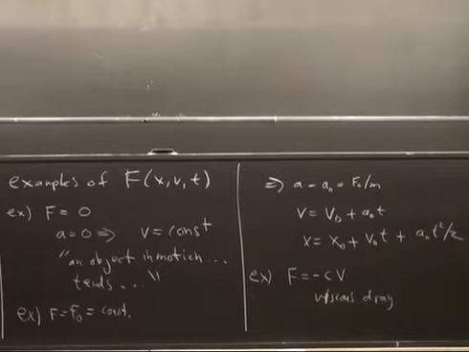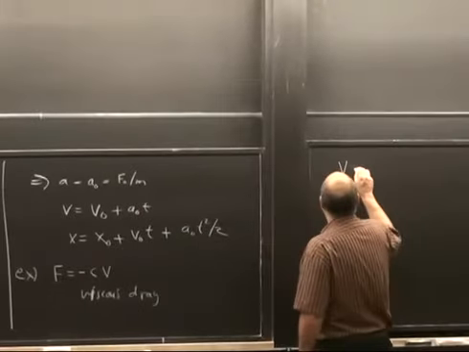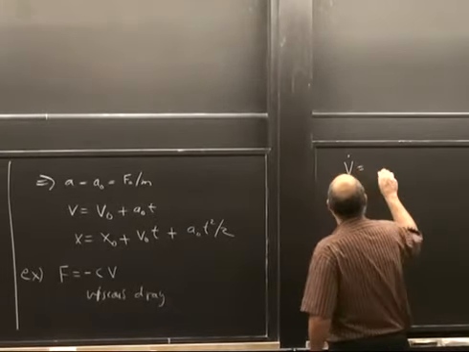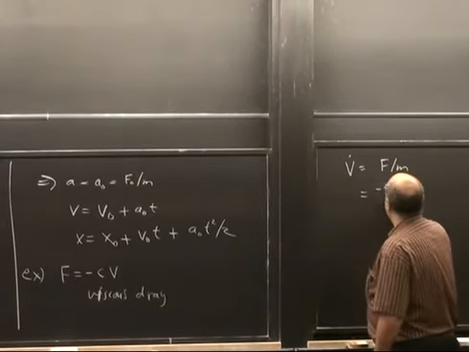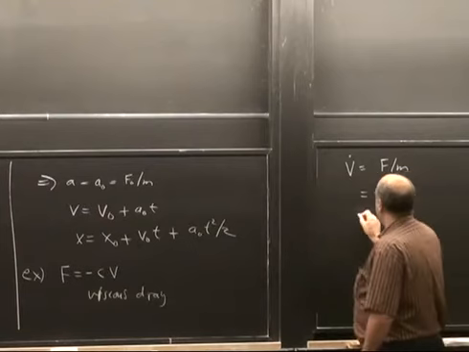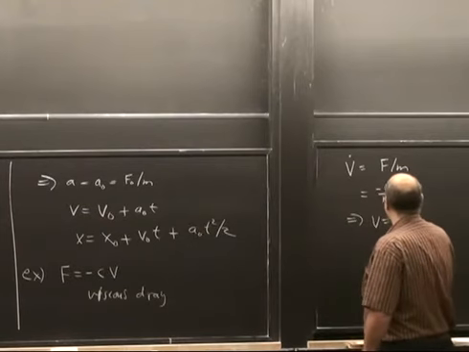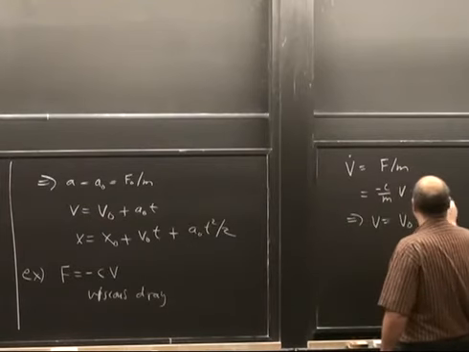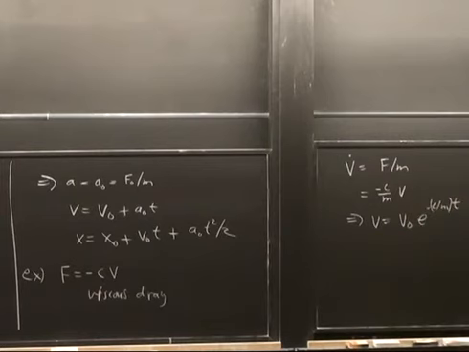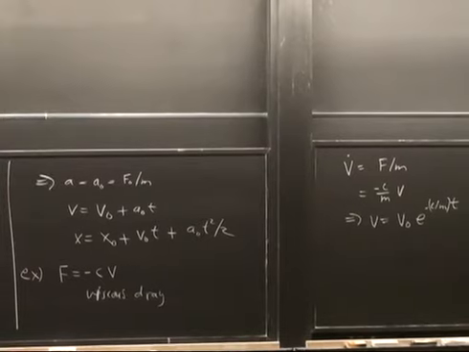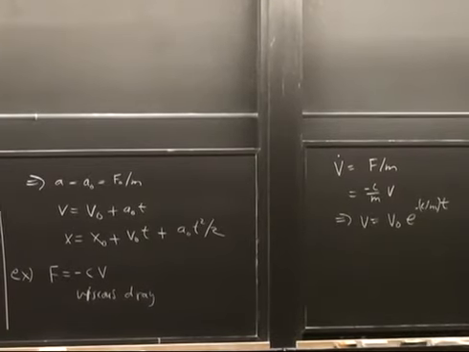And from this, we get that v dot is equal to F divided by m, which is minus c over m v. So then that implies that the velocity is equal to v0 e to the minus c over m t. And this is exponential decay, so the motion is damped. And then we could integrate one more time to get the position, which I'm going to skip.